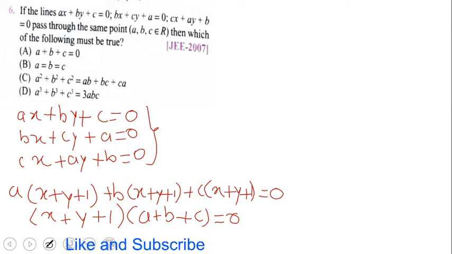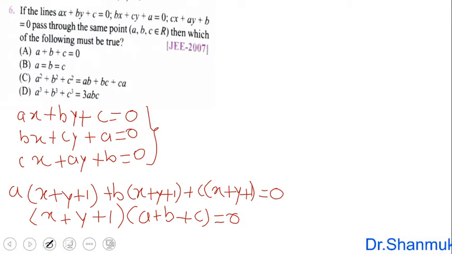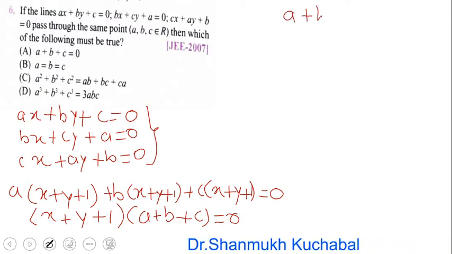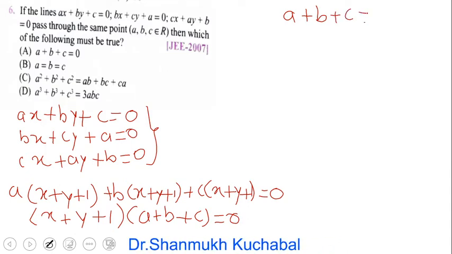Further, looking at all the options, we observe that they consist of only a, b, c. So I am skipping the x plus y plus 1 solution. We take the other part, a plus b plus c equal to 0 here.